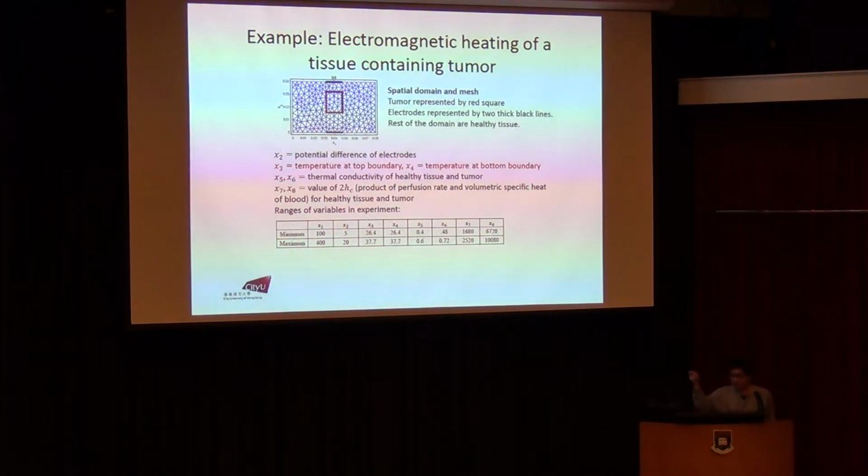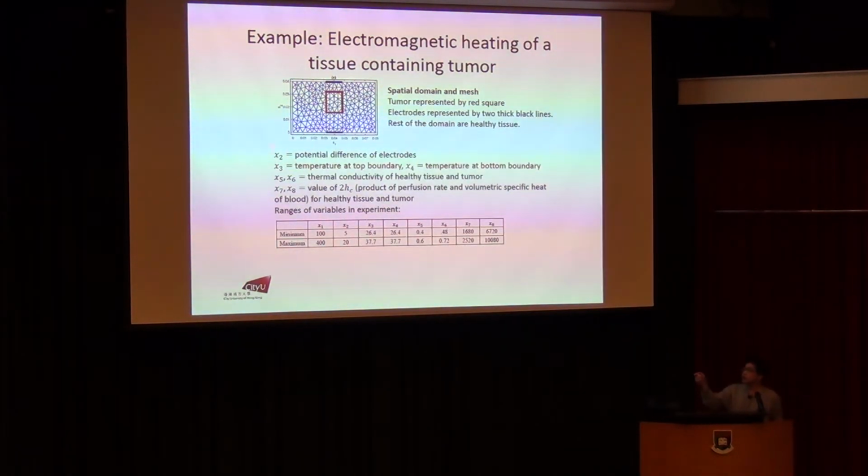And this is our spatial domain. We only consider a simplified problem to demonstrate, so that we can do many simulations to compare the different emulators. This is the spatial domain and the finite element mesh. The tumor is a raised square. Another simulator input is X2, the potential difference between the electrodes, and X3 and X4 are Dirichlet boundary conditions.